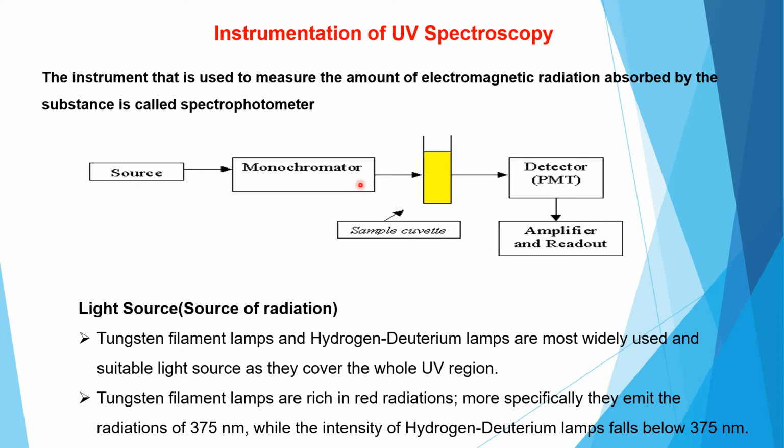Now, UV visible spectroscopy is a type of electromagnetic radiation technique, and the principle is that UV and visible electromagnetic radiations are more energetic as compared to IR and NMR radiations. Absorption of these UV visible radiations by the sample brings about electronic excitations.